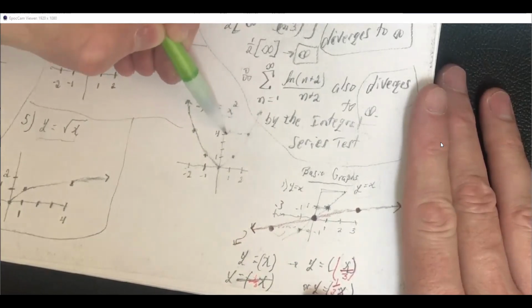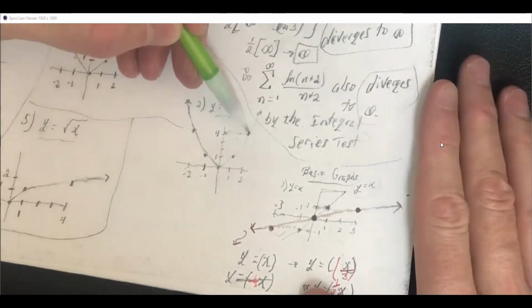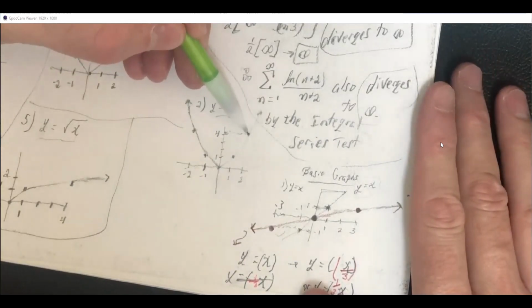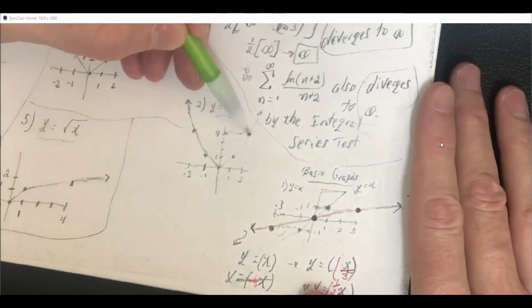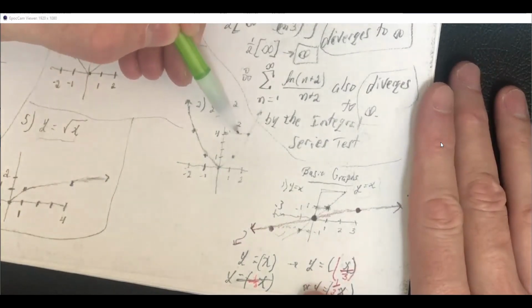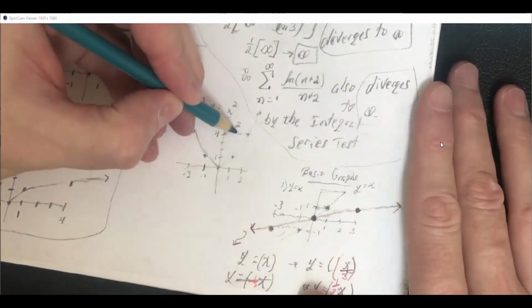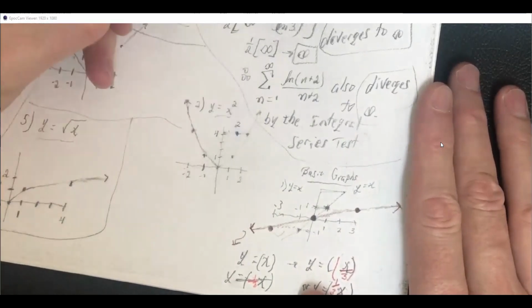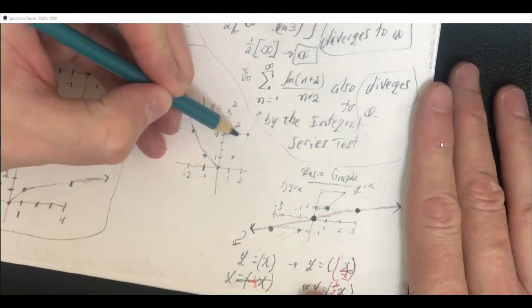Don't say 4 units, that's 4 units up. How far is it horizontally? 2. Good. If we compress or shrink it by 1/2, then half of this distance, instead of 2 units away, you're going to go half as much. So now it would only be how far away? 1. Okay, so this point moves in by 1/2 the distance that it currently was.